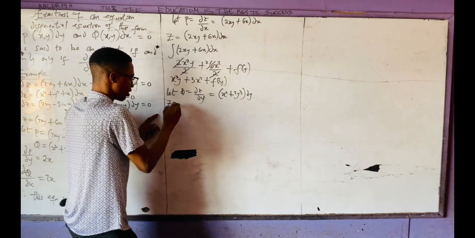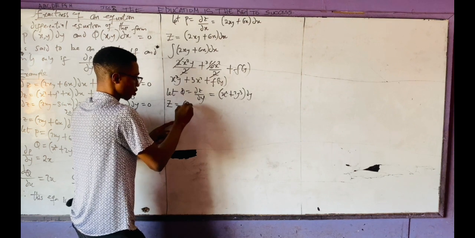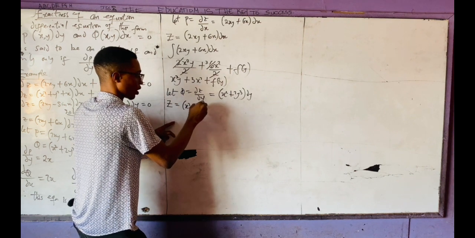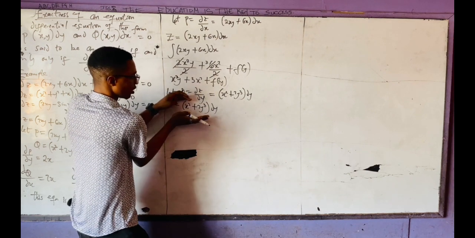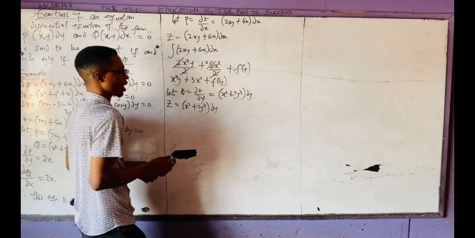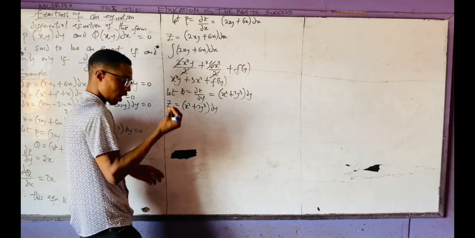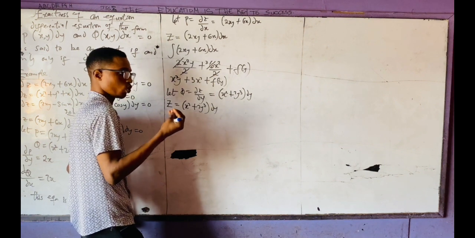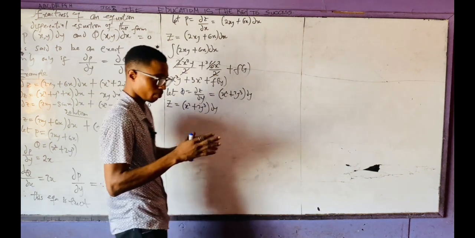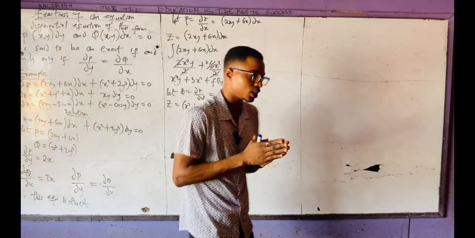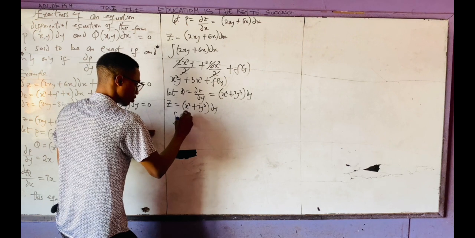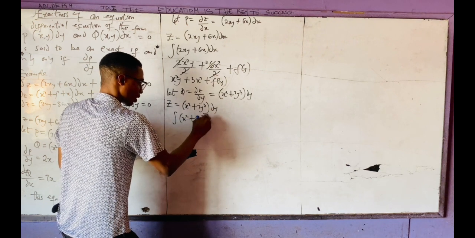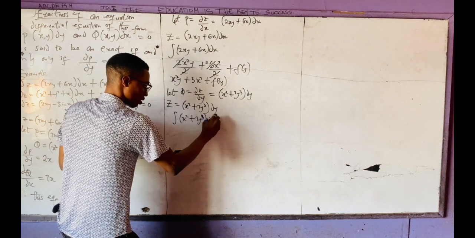So we have z equals the integral of (x squared plus 2y raised to power 3) dy.